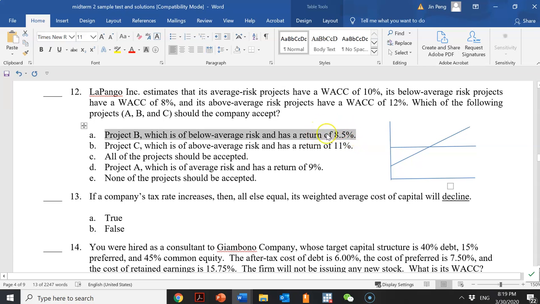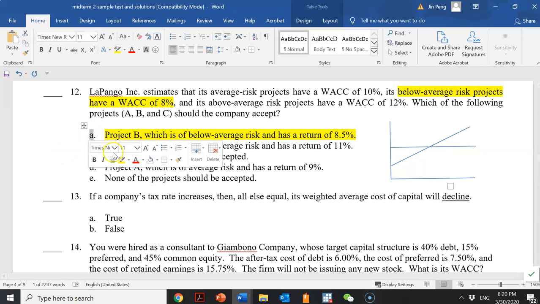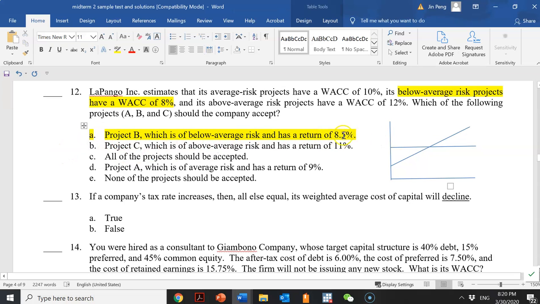We should compare its return to the WACC for below average risk projects, which is 8%. This 8.5% return is higher than the WACC of 8%. Should we accept it? Yes. So option A is correct because project B has a return higher than the WACC for low risk projects.